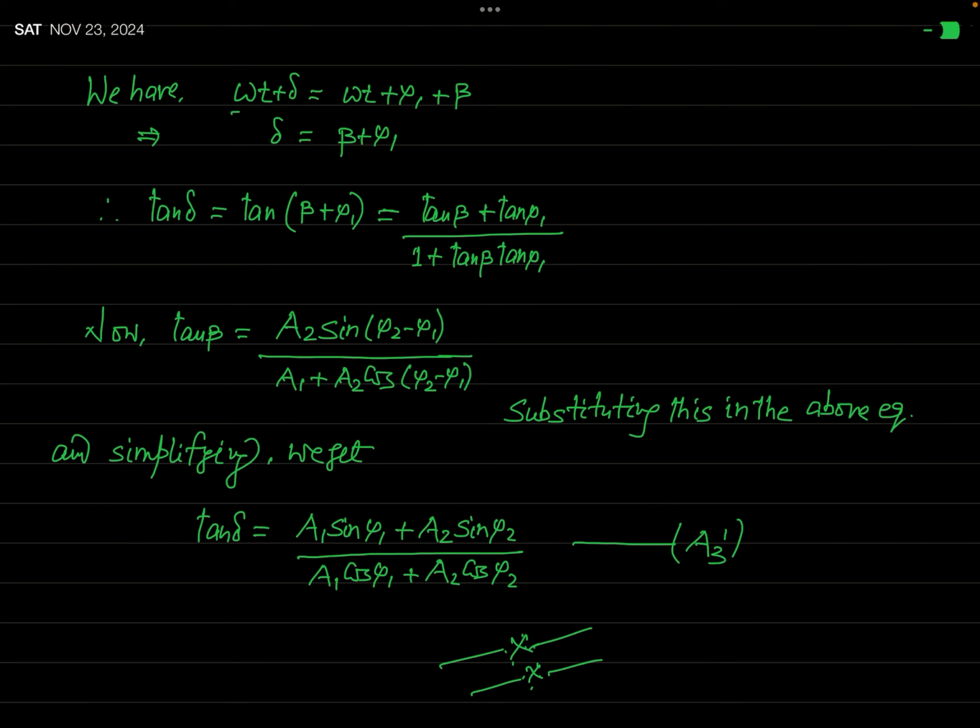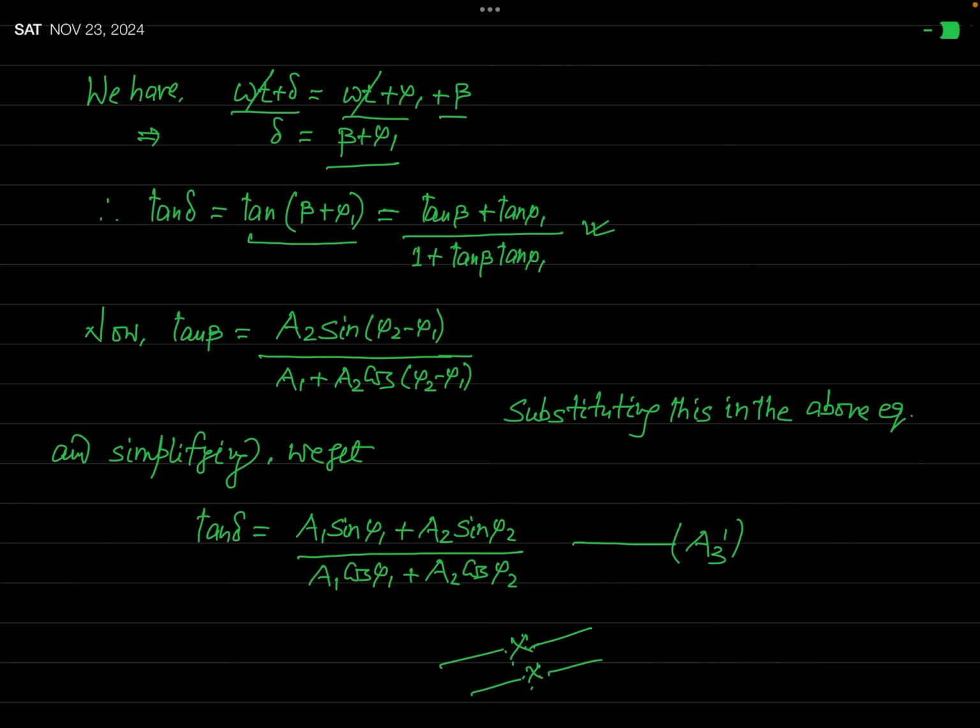So you can see omega t plus delta, which is the total phase of the resulting motion, will be equal to omega t plus phi 1 plus beta. Now this omega t will cancel out and therefore delta is equal to beta plus phi 1. So tan delta will be equal to tan of beta plus phi 1. And you know from the formula of trigonometry that this tan of beta plus phi 1 can be written as tan beta plus tan phi 1 over 1 minus tan beta times tan phi 1.